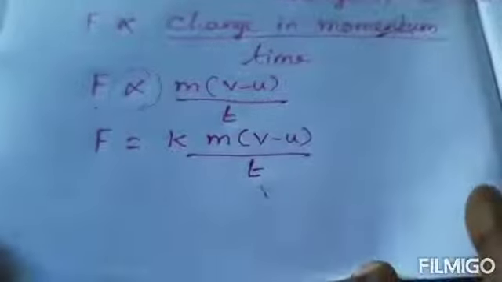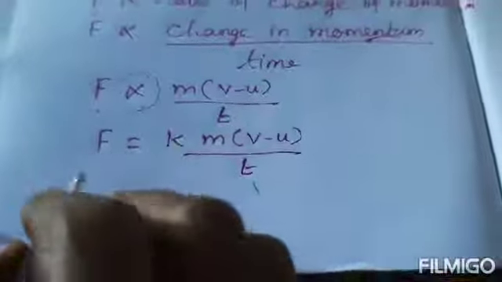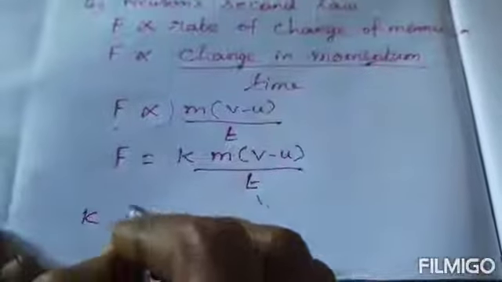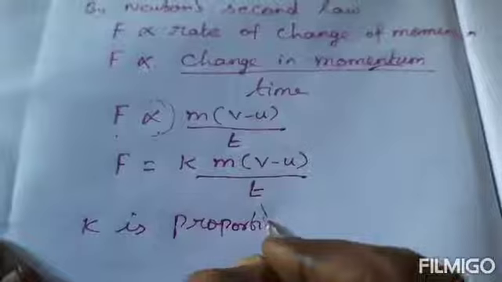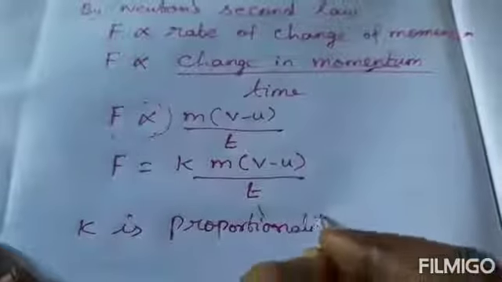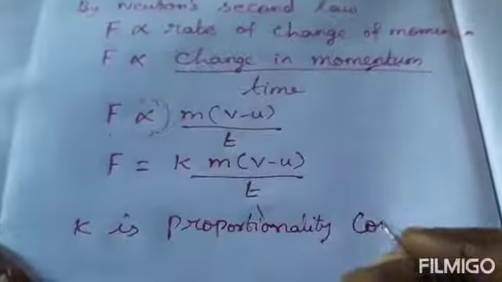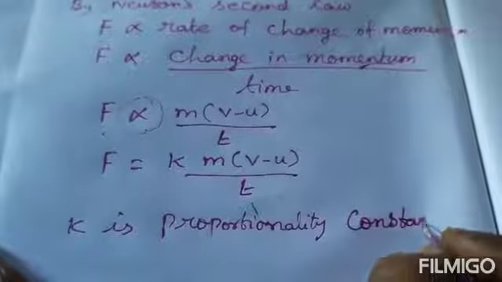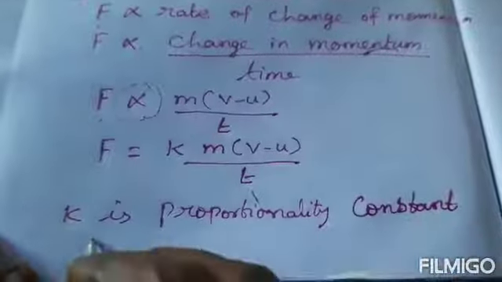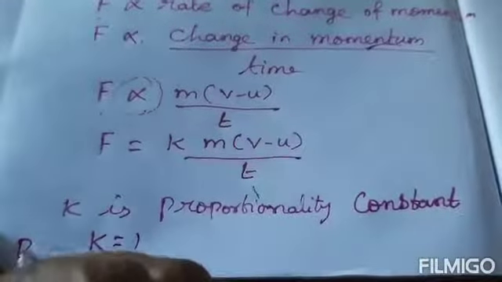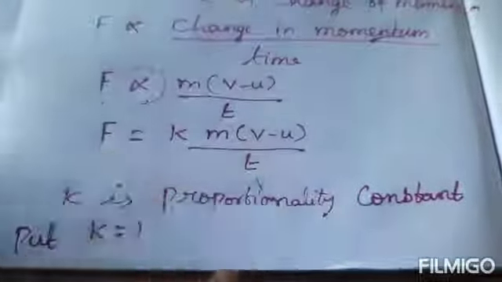So k is the proportionality constant. Put k equal to 1. What answer will you get?